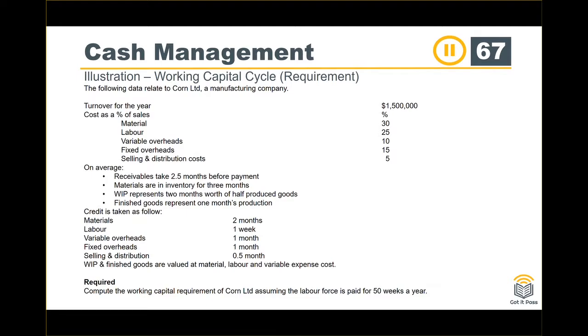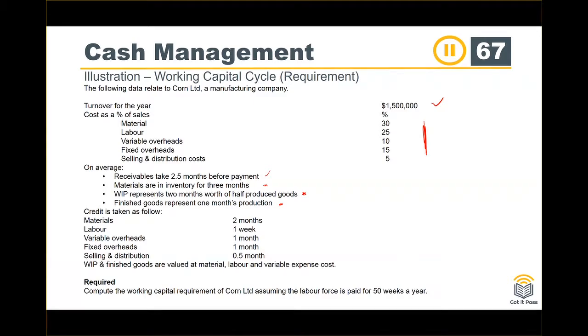Now we start to work out on this working capital requirements illustration question. So here the information is you have the turnover figures for the year, and you have the cost of the expenses items, which is the percentage of your total sales. You are also given the receivables cycle, your inventory cycle, including the materials, the WIP, and the finished goods.